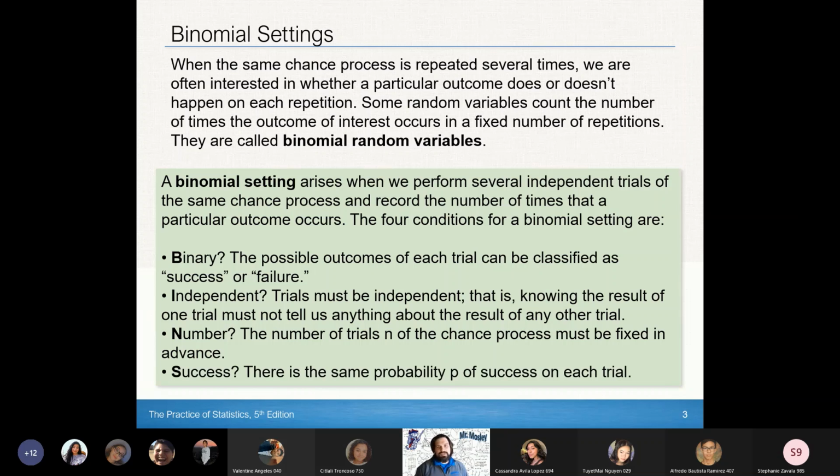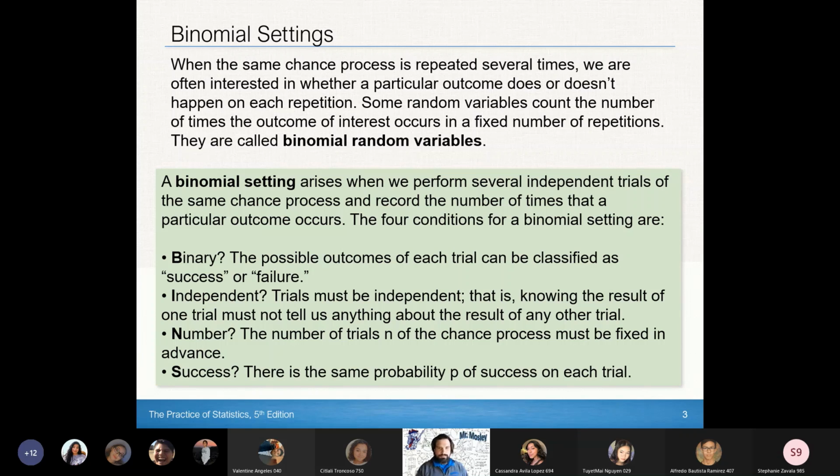Success. There is the same probability p of success on each trial. This ties into independence. If events are independent, that means the probability of success is the same from trial to trial because knowing what happened didn't change the likelihood of the thing happening again.